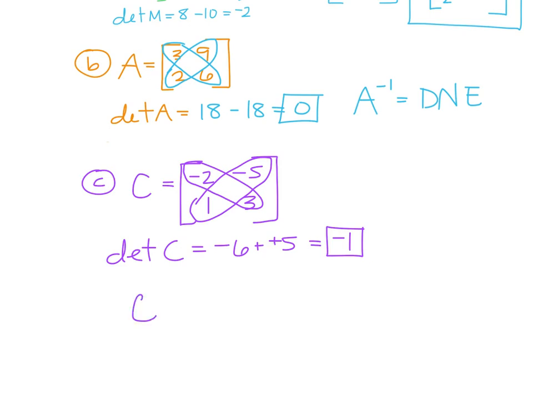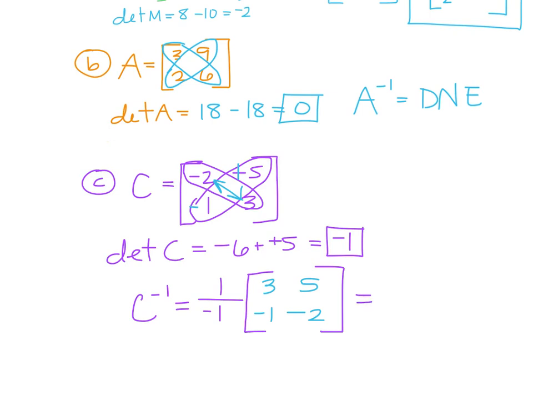And now we are going to find the inverse. So finding the inverse of C, is going to be 1 over our determinant, so 1 over -1, times, and now we do our swap. So we're going to swap these two guys. So this is going to be 3 up top and -2 down below, and then change the sign of these two. So this is going to be a +5 here and a -1 here.